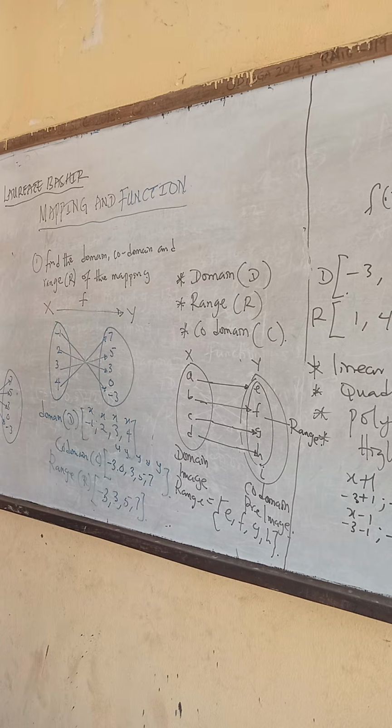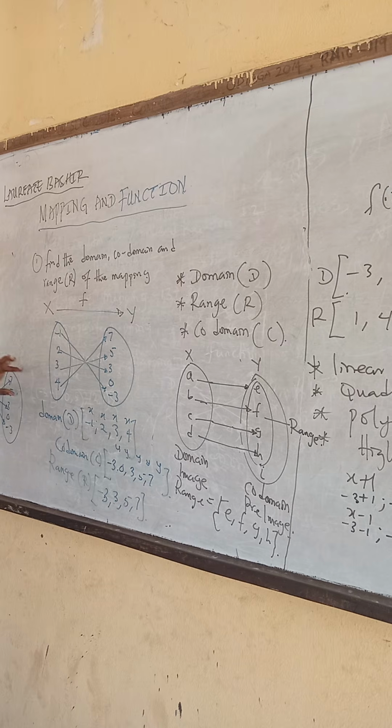Alright, let's just continue. So you have got the differences between domain, codomain, and range with this representation. So please know how to extract your domain, codomain, and range from a map. You get? And also when you are given domain, codomain, and range, know how to represent it in a mapping form. You understand?